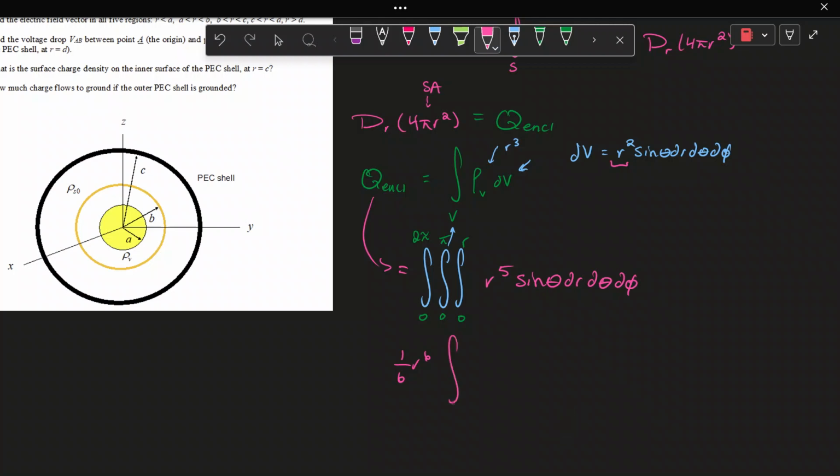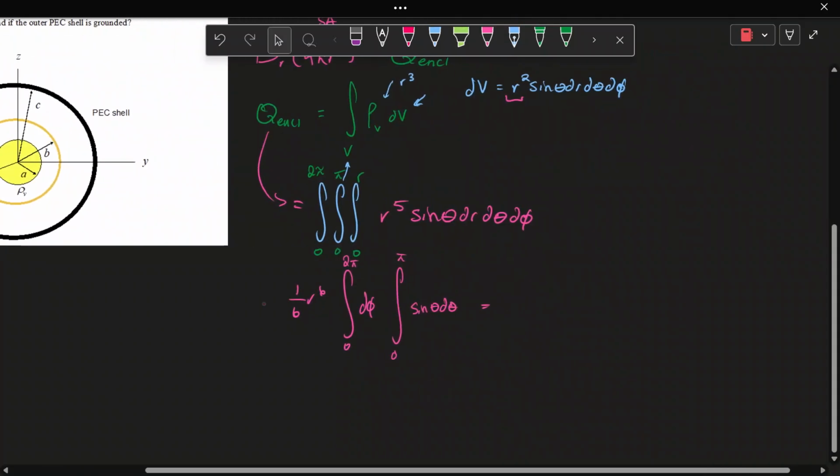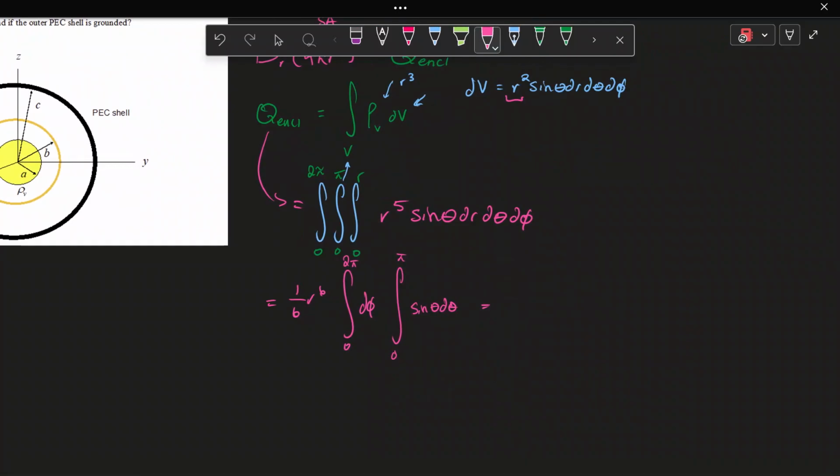Now, what we can do is, I should have done this at the beginning, but we can break this integral apart into its pieces. And so now we get, what is the integral of d phi? Well, it's just phi, evaluated from 0 to 2 pi is 2 pi.